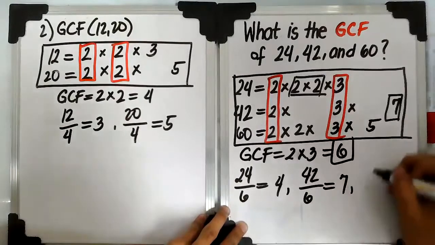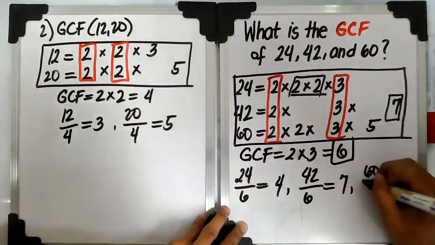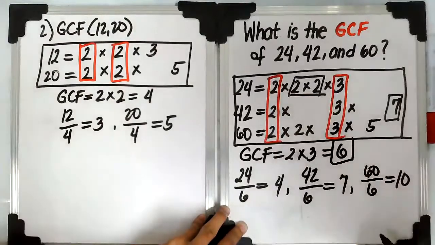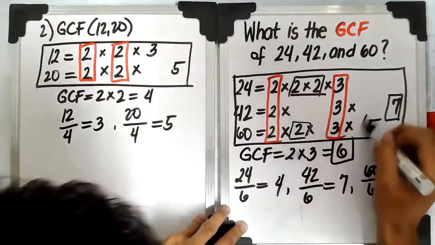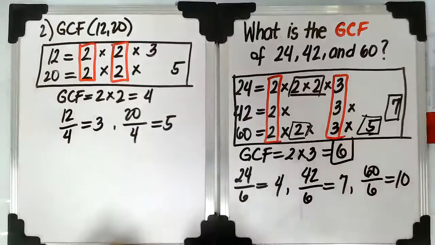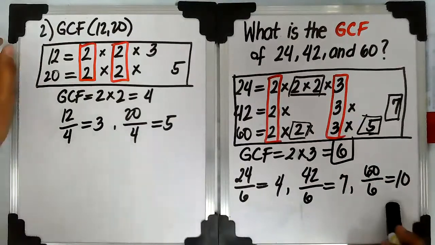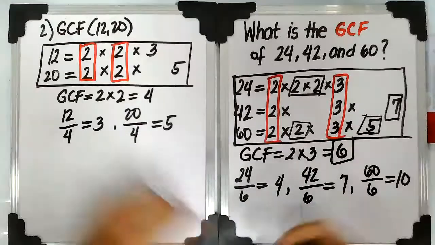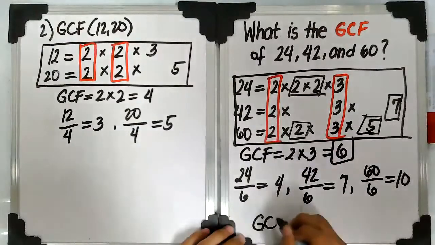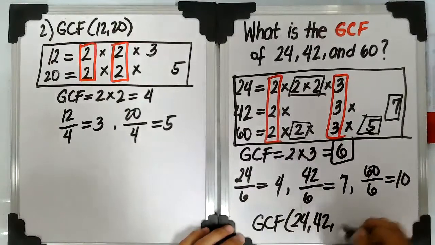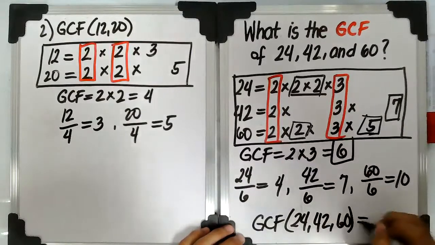And last, 60 divided by 6 is 10, and 2 and 5 are left on the table. Since 4, 7, and 10 are relatively prime, the GCF of 24, 42, and 60 is 6.